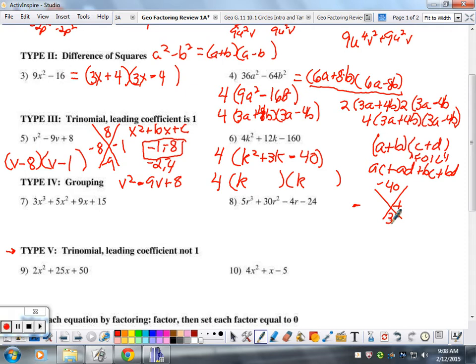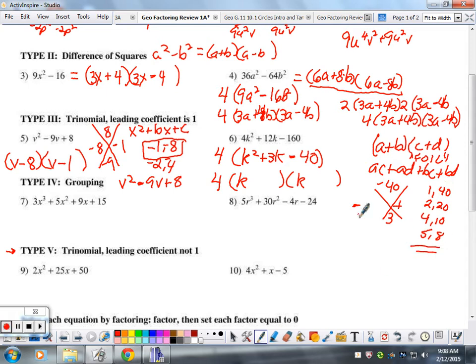You got them? What is it? Negative 5 and 8. Now, how do you know who's negative and who's positive? First of all, what he did in his head very quickly, because he's so smart, is he thought about what are all the different factors of 40. And if you subtract, do you get to 3? And this was the only one that worked if you subtract.